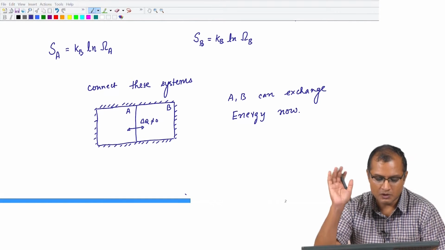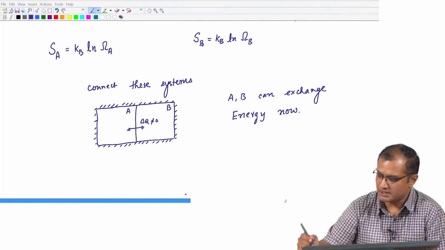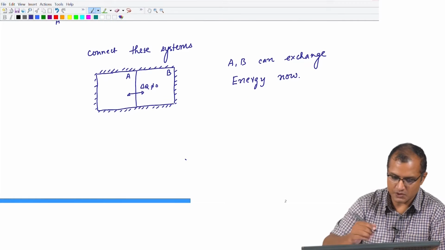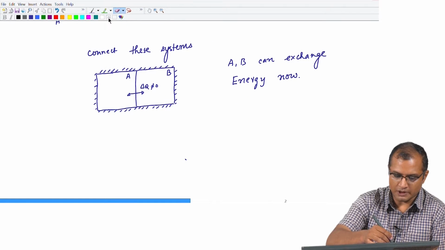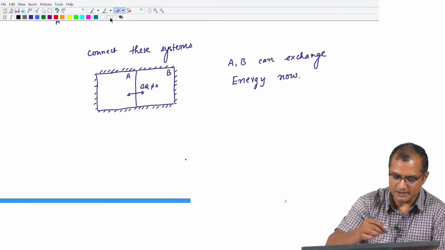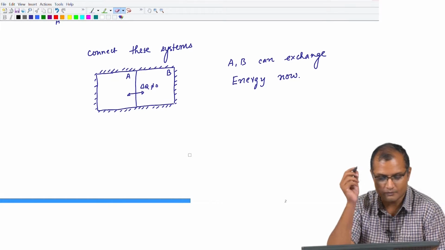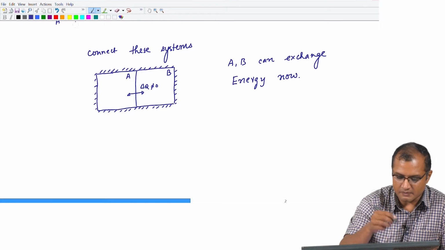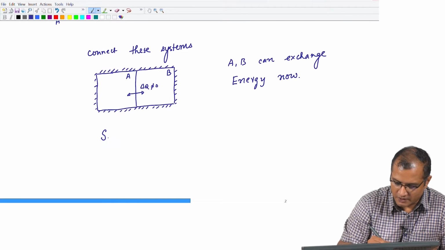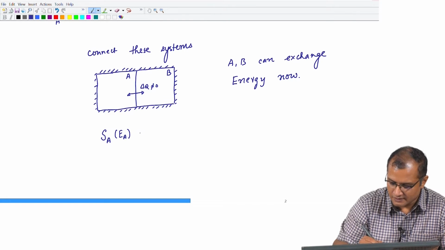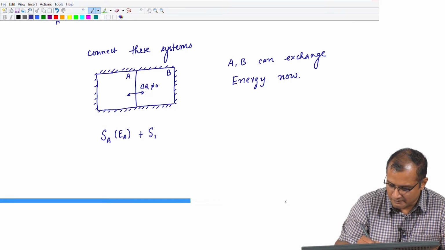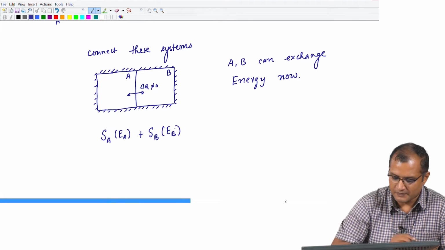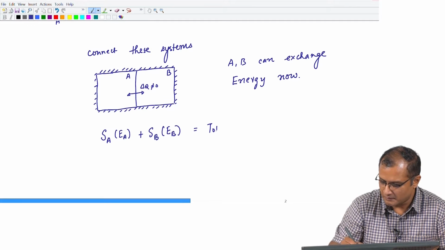So, there is no volume exchange between A and B. Now, what can you tell about the joint entropy of the system? Okay. So, let us say immediately after you have connected the systems, the entropy of the joint system is S_A as a function of E_A, plus S_B as a function of E_B. This is the total entropy.